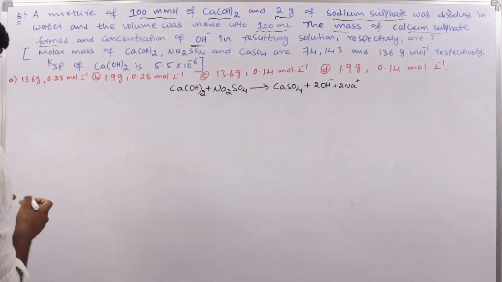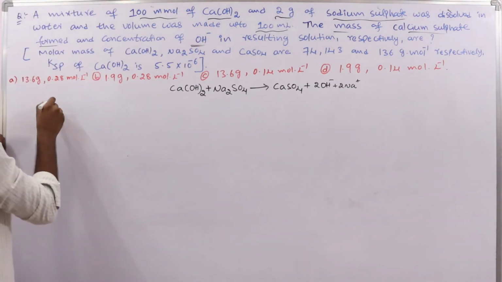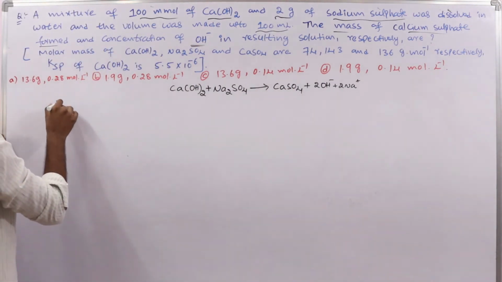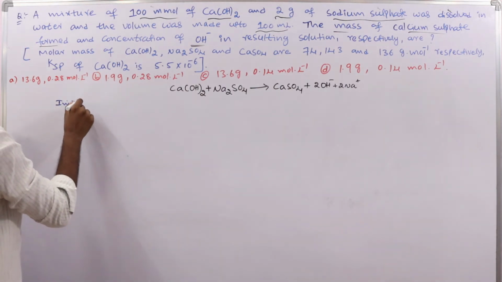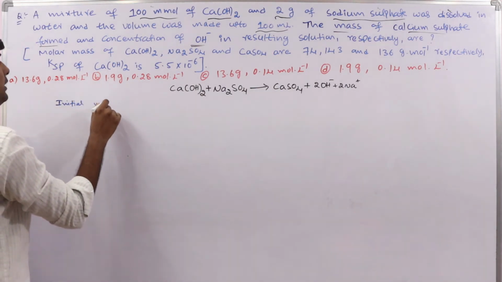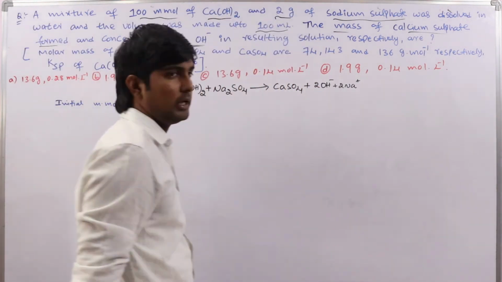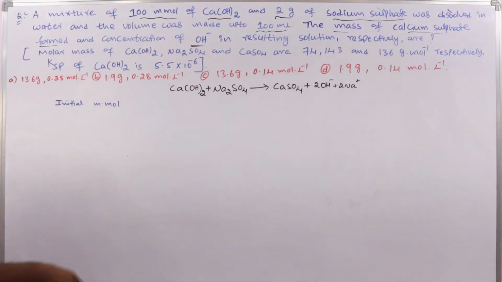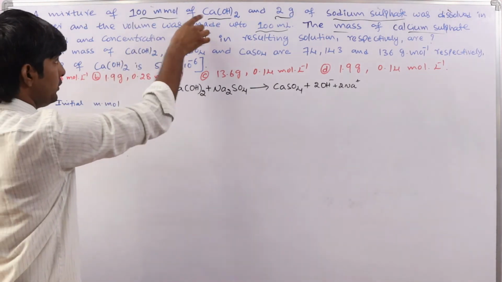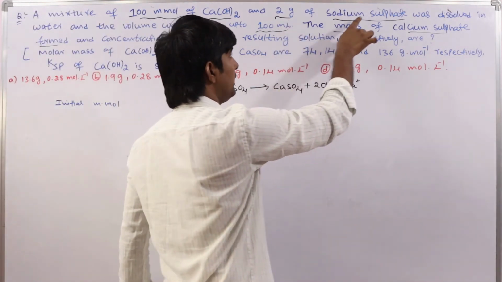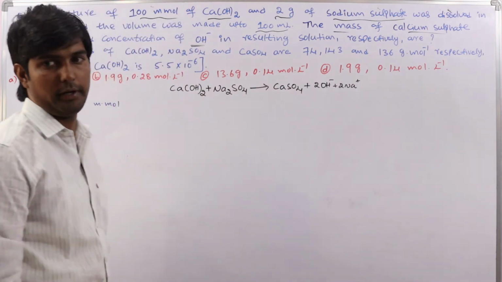So here first we should find how many millimole of calcium sulfate and OH minus ions are formed, because here they have given millimoles of calcium hydroxide and weight of the sodium sulfate.